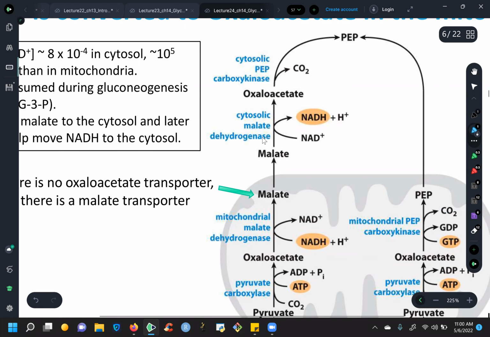So we have 2 types of malate dehydrogenase, one in the cytosol and one in the mitochondria. And this one turns this into oxaloacetate. And then we have cytosolic PEP carboxykinase. This releases a CO2 and we end up with phosphoenolpyruvate in the cytosol.